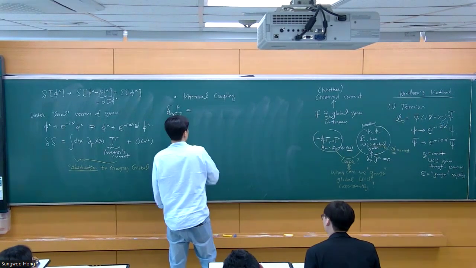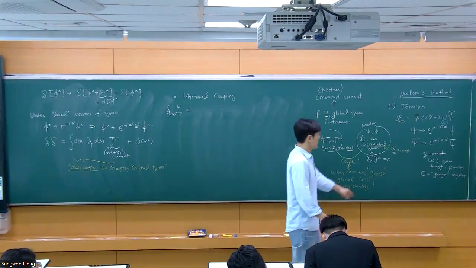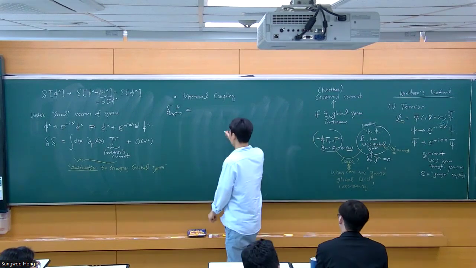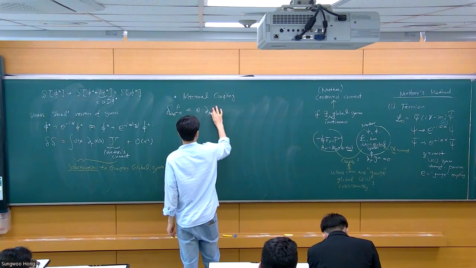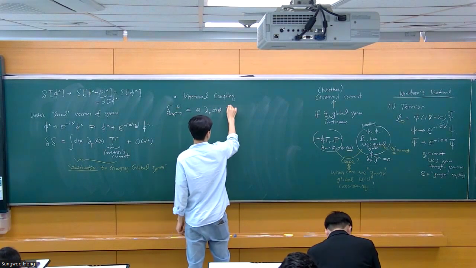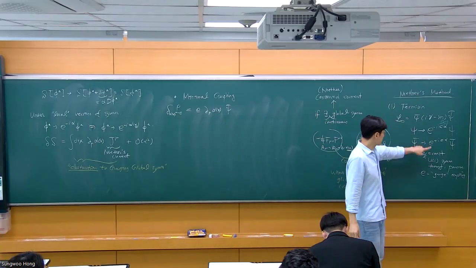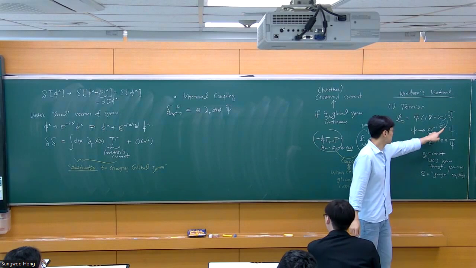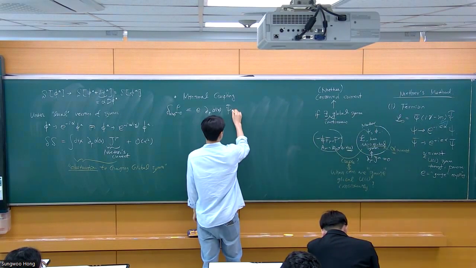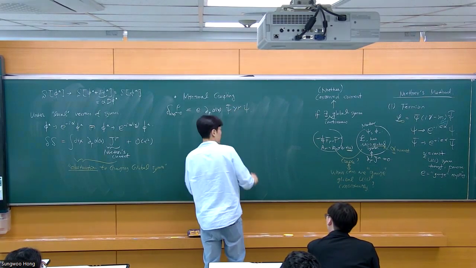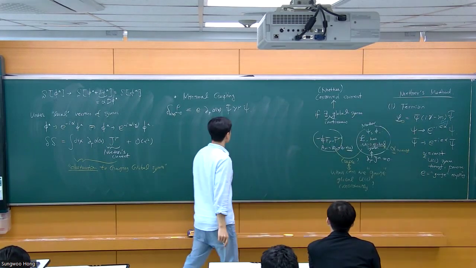You get minus i cancels this i, so I get e times derivative of alpha of x, and then psi bar sits there, and then this has e to the plus i something, and this has e to the minus i something, so they just cancel each other. So basically I'll get gamma mu psi, because this thing has gamma mu, right?